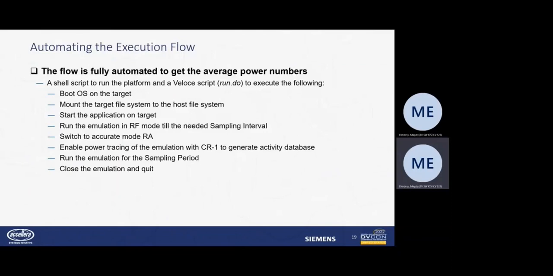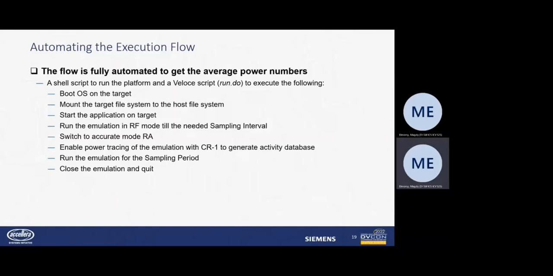It boots the operating system. It mounts the target file system to the host file system in order to be able to know about the sequence and the progress of the application. It starts the application on the target.